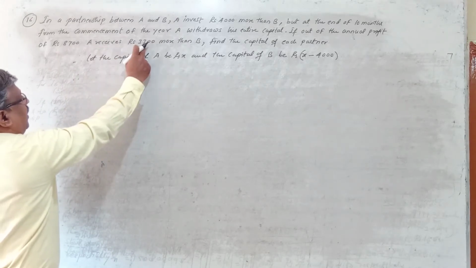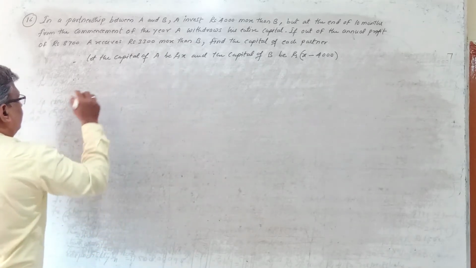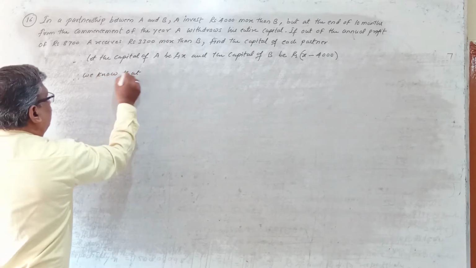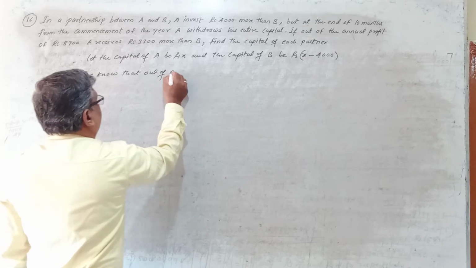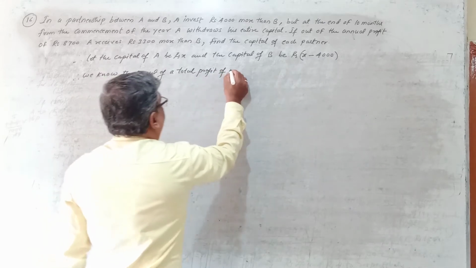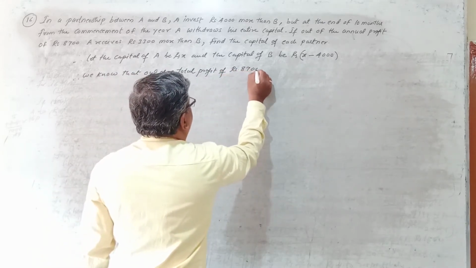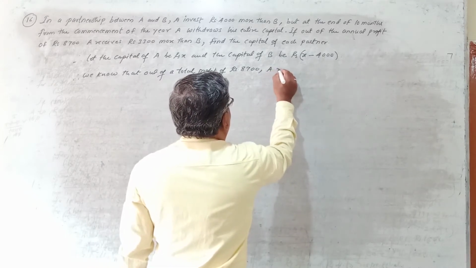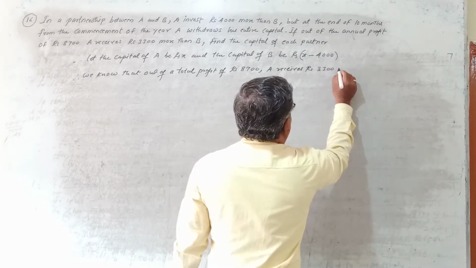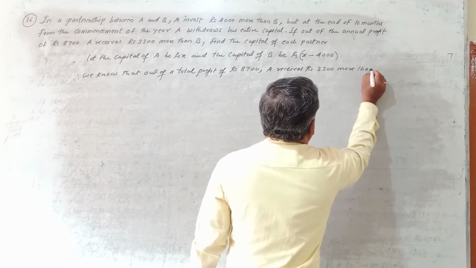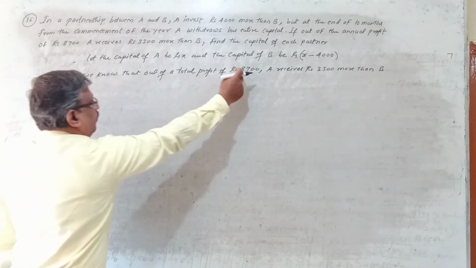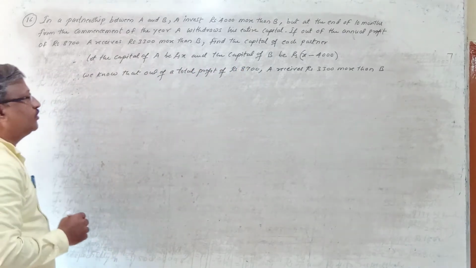Out of this, A has received 3,300 more than B. So here you have to write: we know that out of a total profit of rupees 8,700, A receives rupees 3,300 more than B. So we have to find out the total share of A and B.